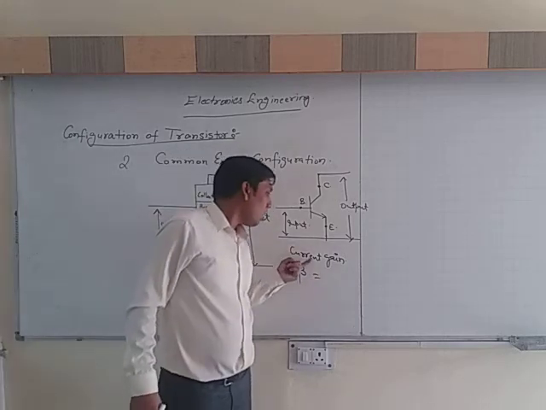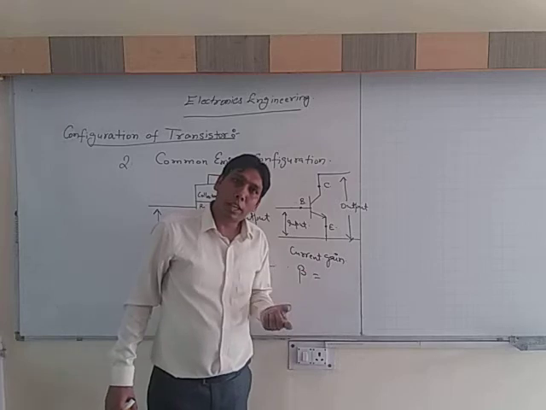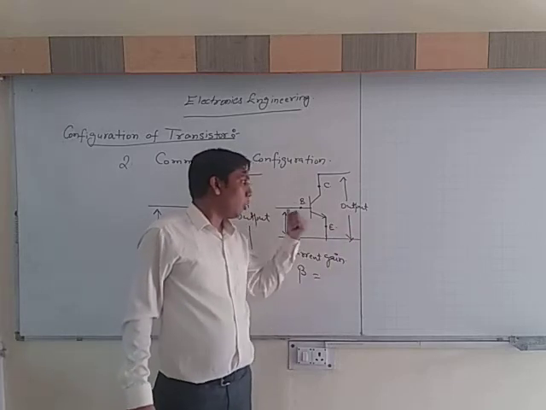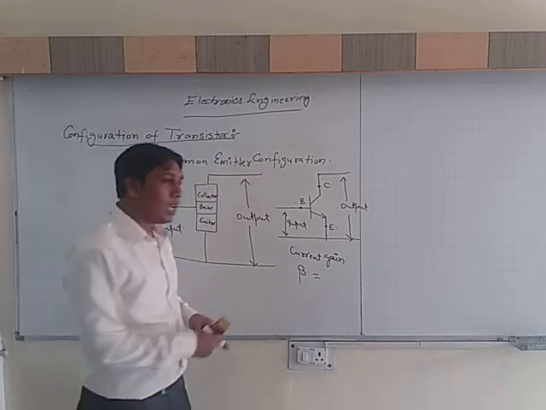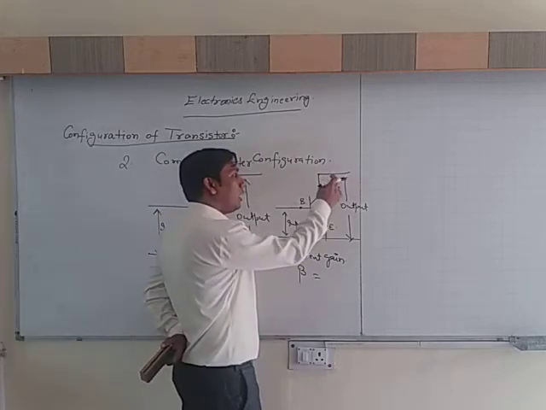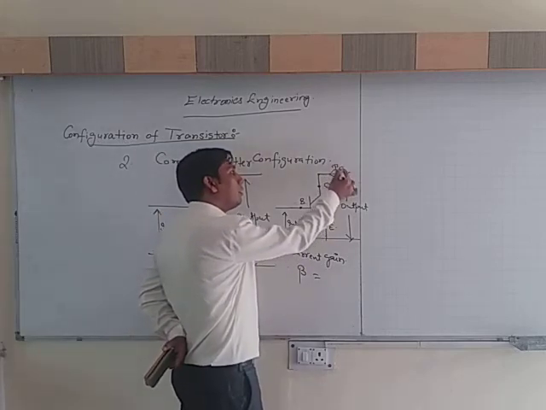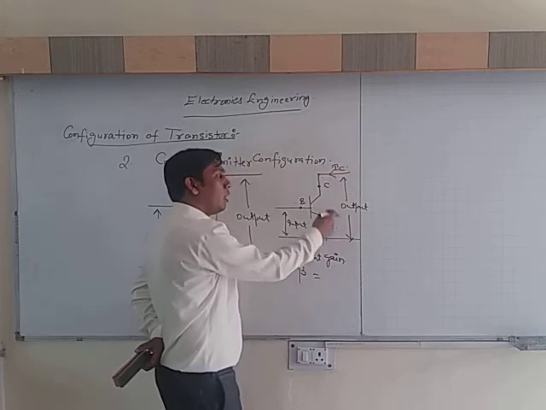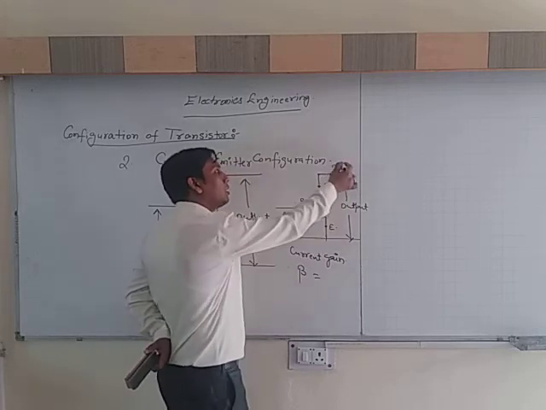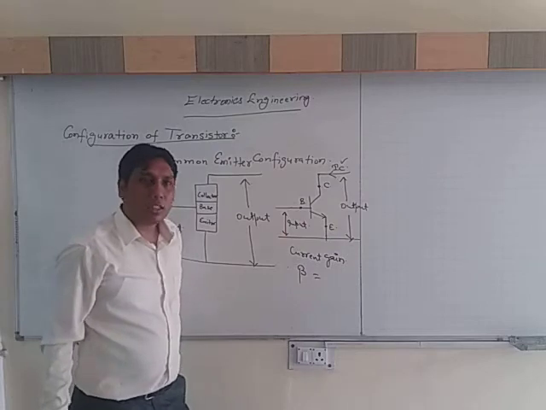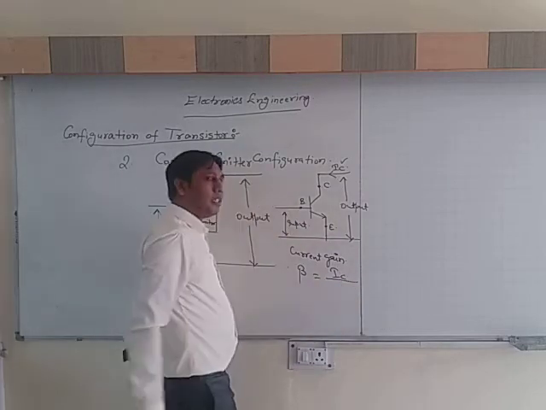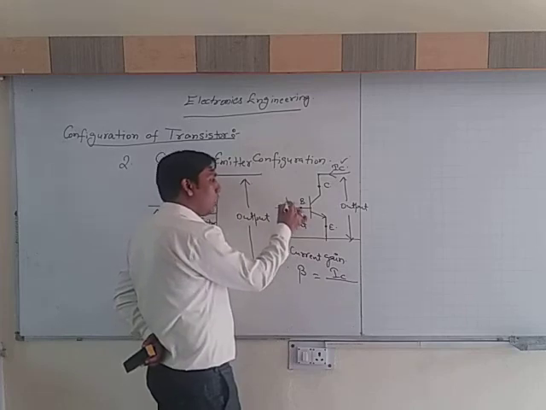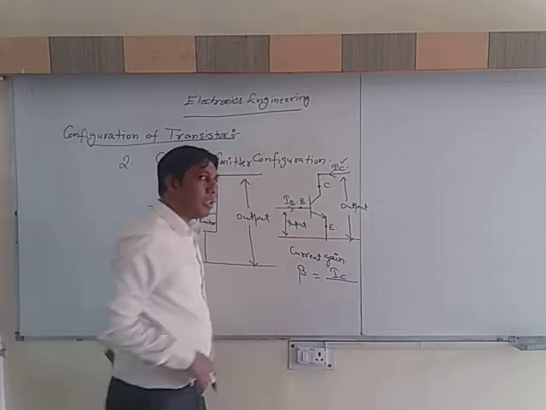The formula for current gain will be the same, the output current upon input current. Here in common emitter configuration, the output current is IC, as the current flowing at the output terminal is the collector current. So the output current is IC and the input current is IB.